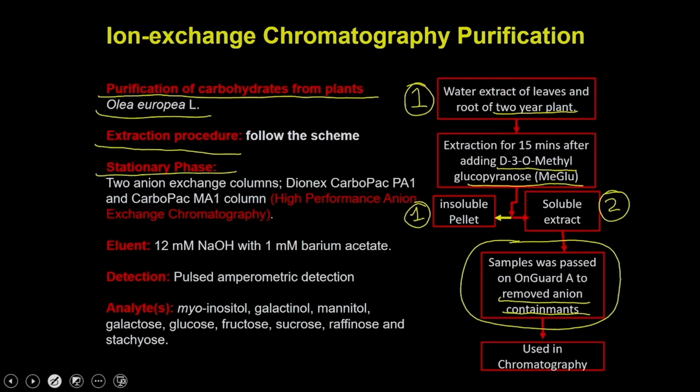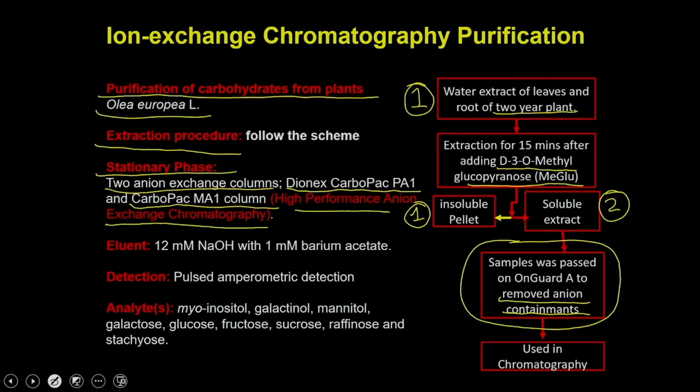In this case we are using not only one column, but two columns. You can use two anion exchange columns. One is called Dionex CarboPac PA1, and the other one is called the CarboPac MA1 column. Both are HPLC anion exchange columns.